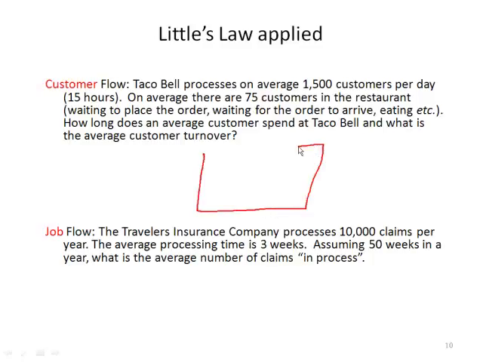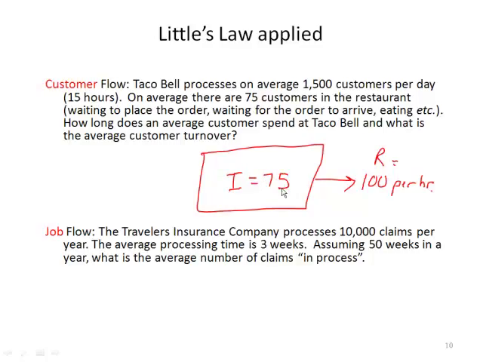So I draw the little process box like this. Now they tell us 1,500 customers come through there per day on average, and it's a 15-hour day. I'm going to describe that then as having a flow rate of 100 per hour. So R is equal to 100 per hour. On average, there's 75 people in the system. Easy enough.